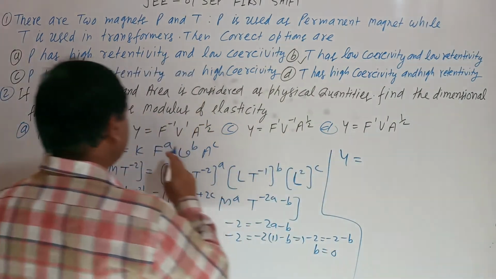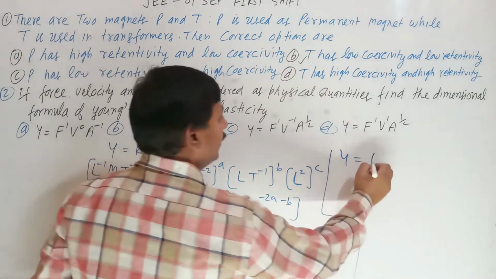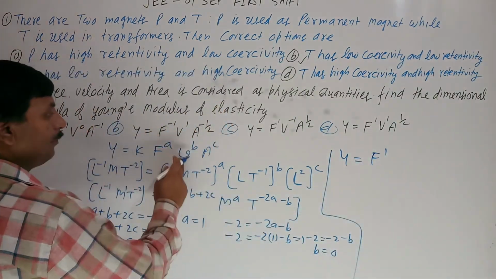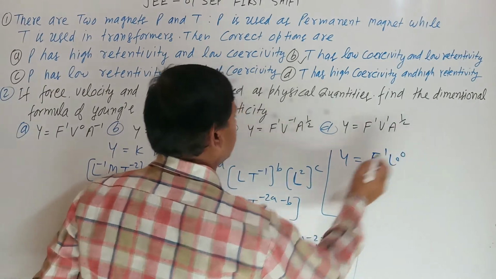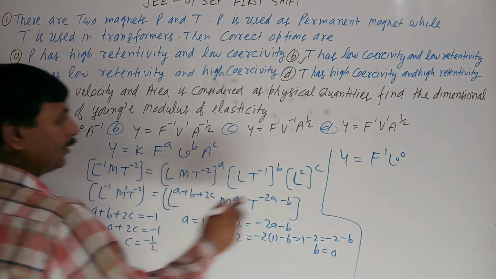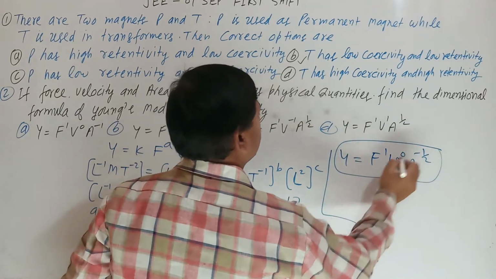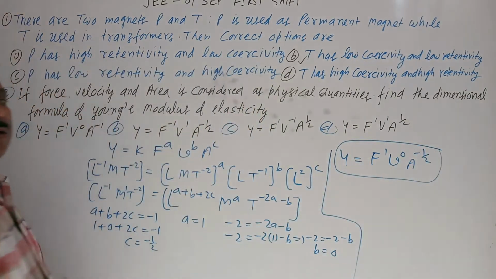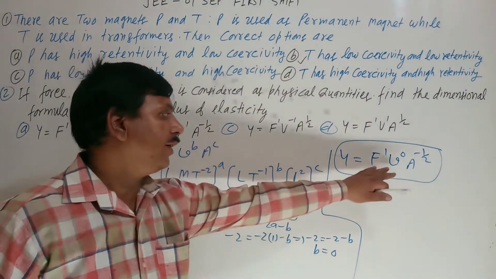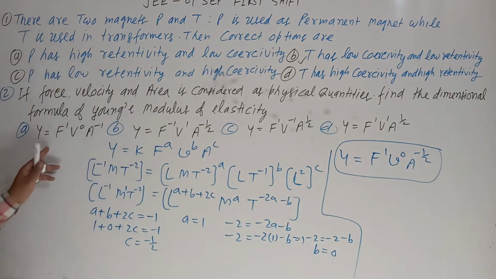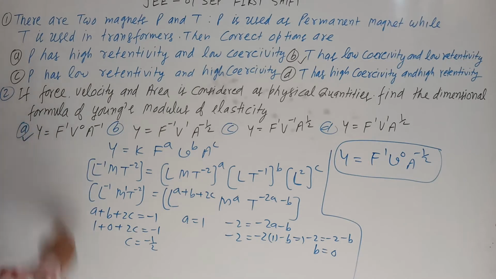Y is equal to F power 1, V power 0 and A power minus 1 by 2. Here K is a dimensionless constant. So which option will be the correct one? Here we can see the correct option.